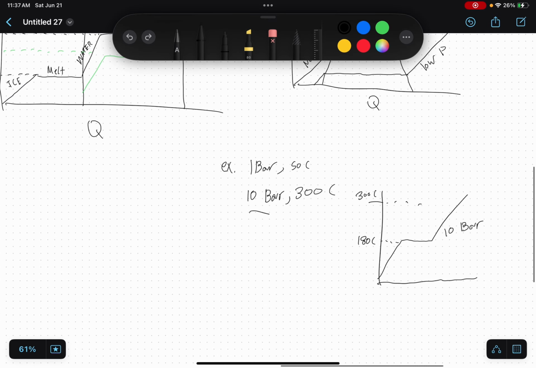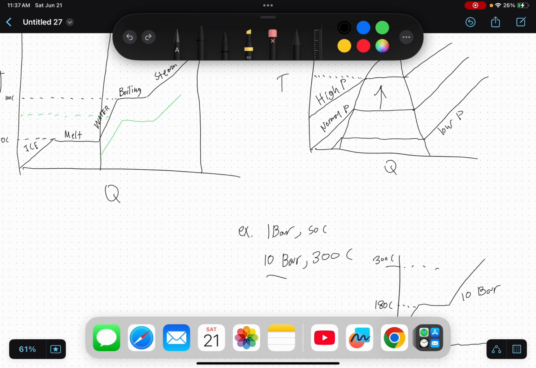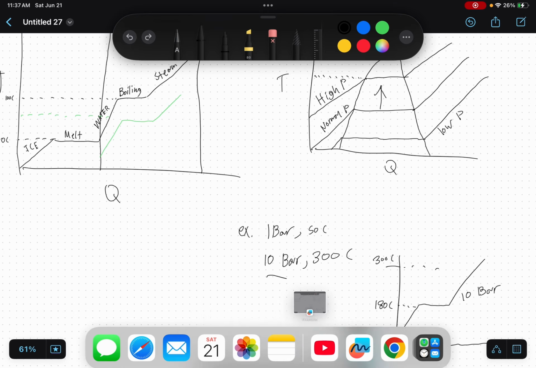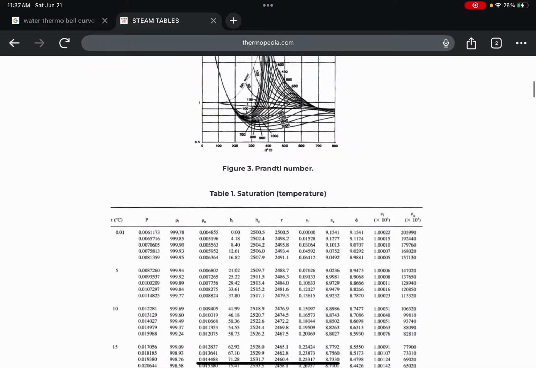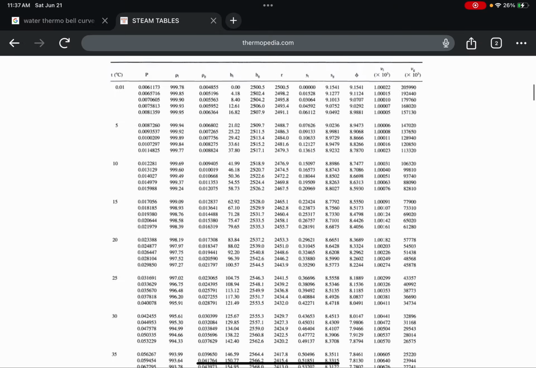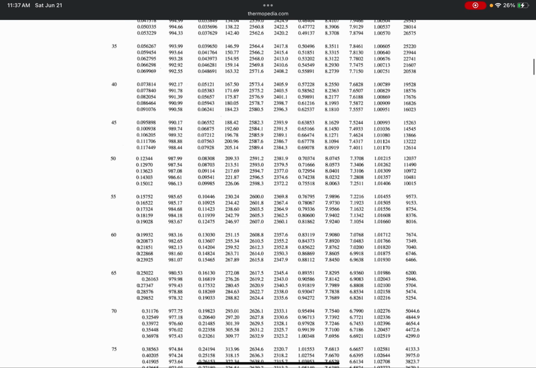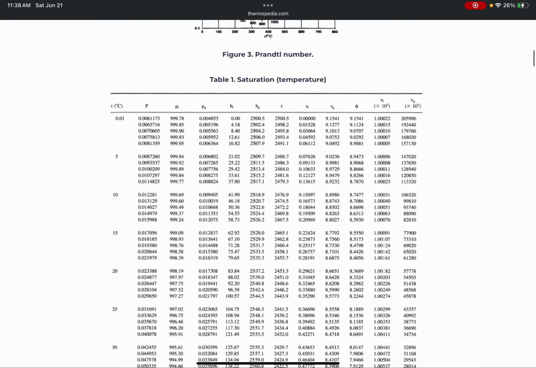Okay. Now let's do a mixture region. So let's say, I'm going to cheat and look at the tables to get inspiration. Let's just keep it simple.